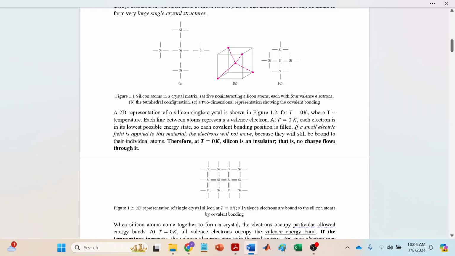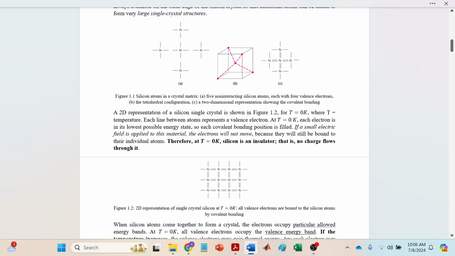If a small electric field is applied to the silicon in this structure, the electrons will not move because they are still bound to their individual atoms. So at 0 Kelvin, the silicon is an insulator, because when an electric field is applied, no electron is moving and covalent bonding is at work.